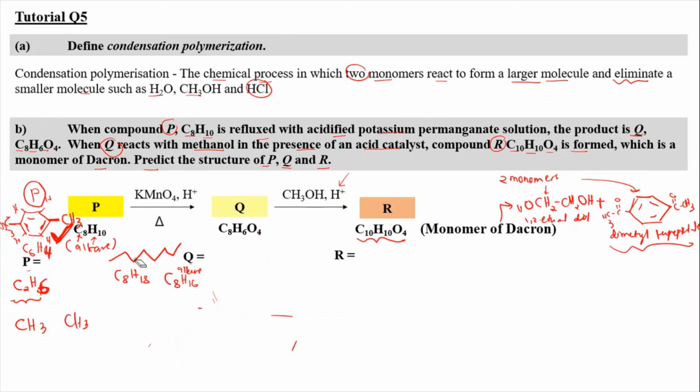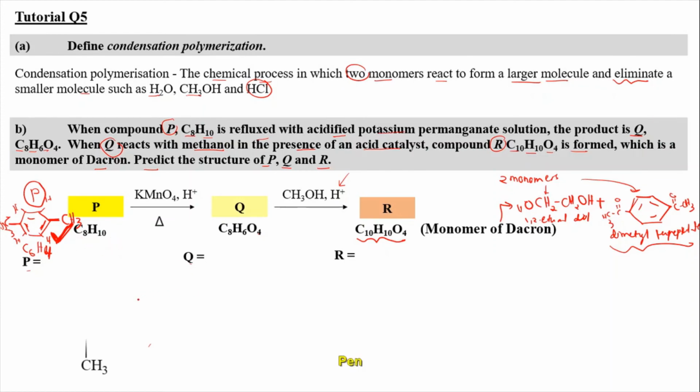Okay, let me rub it off again. So for P here, if I draw it nicely, I will get something like this, which is 1,4 dimethyl benzene. And you know that I'm going to have a methyl group and a methyl group here. So when the methyl group undergoes oxidation, what I'm going to get is a carboxylic acid.